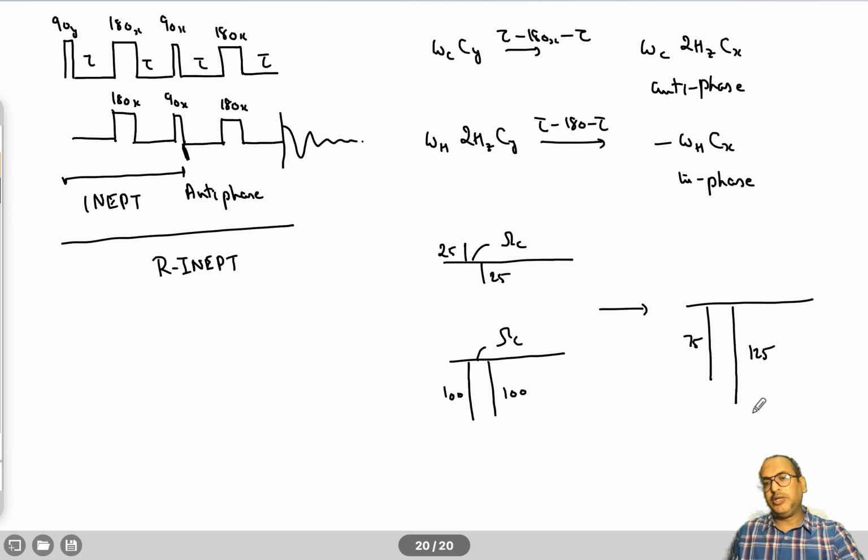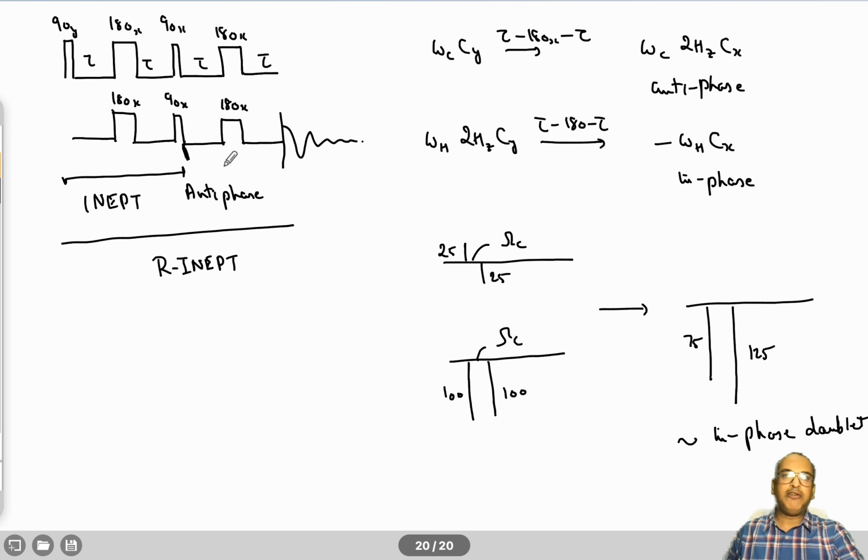So now there is no way that peaks can get cancelled with each other. Both the peaks are negative. So this is something similar to an in phase doublet, but there is some intensity difference. So this is an in phase doublet, with no loss of intensity because of cancellation of peaks.